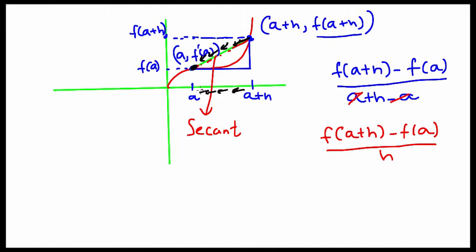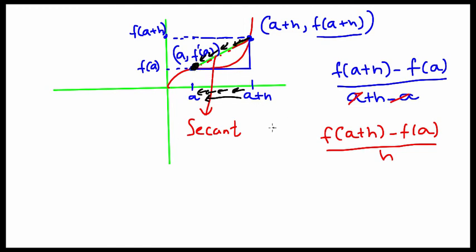We want to bring the difference between a plus h and a closer to 0. When we bring this closer to 0, we get closer to the slope at this point.